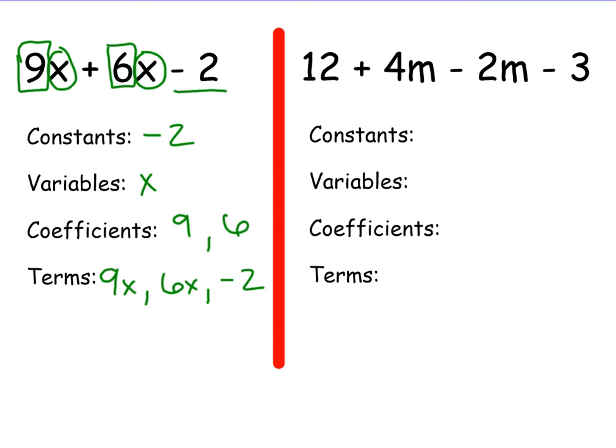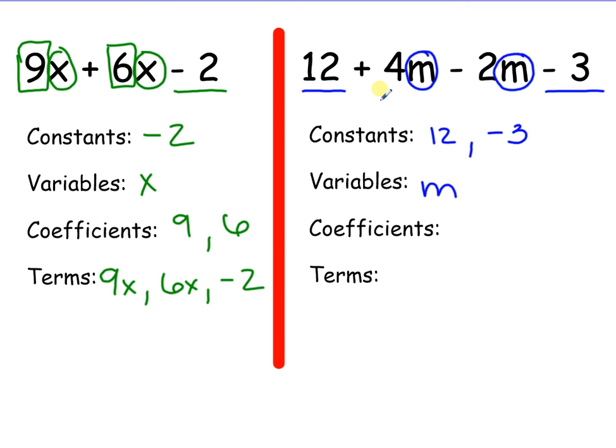All right, for our last example, we have 12 plus 4m minus 2m plus 3. All right, so what are our constants? Our numbers by themselves. So we have 12, and I know you caught that, negative 3. Then we have our variables. So it looks like in this example we have m.